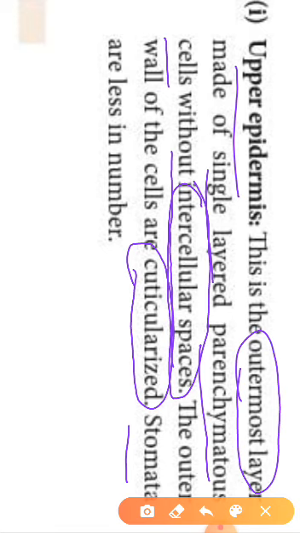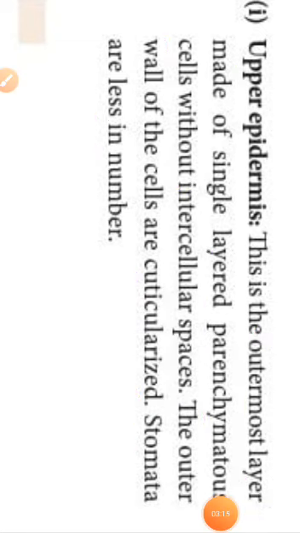Stomata are less in number, which means very less stomata are present. What is intercellular spaces? Spaces in between the cells.